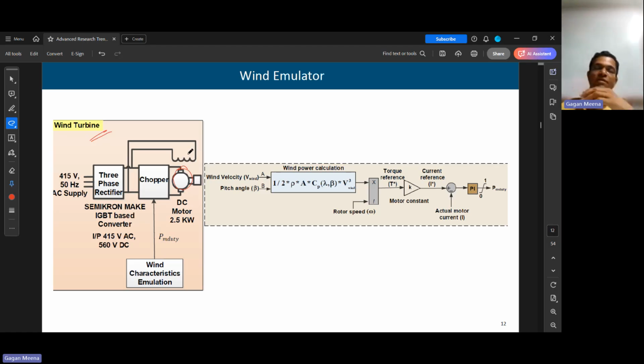Because we want different wind characteristics, we control this DC motor speed using a chopper. The wind characteristics are emulated using this chopper.